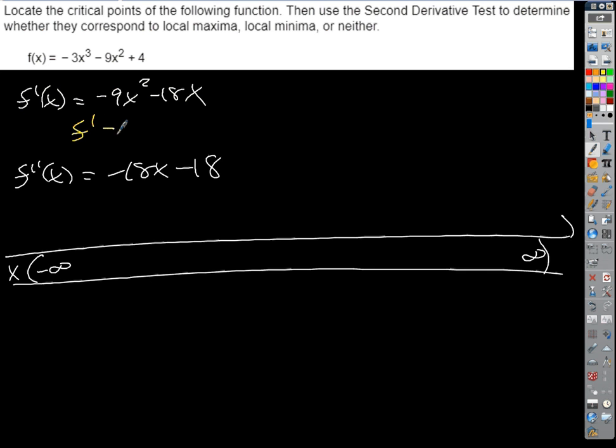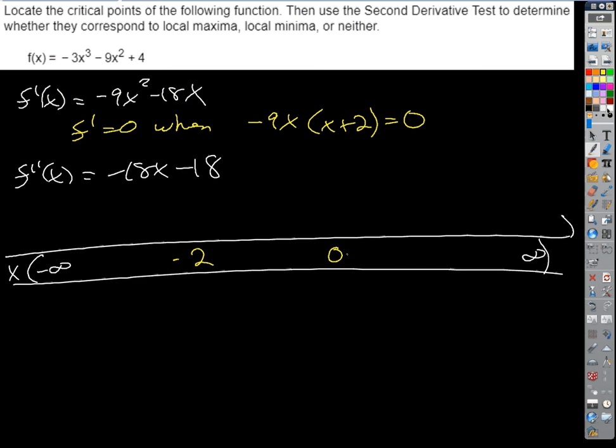F prime equals 0 when what? I mean, when this whole thing equals 0, right? But what can I do here? You can take out a negative 9. Okay, so we could take out a negative 9x, leaving me with x plus 2. So what's that give us for critical numbers then? 0 and negative 2. All right, so we get negative 2 and 0.